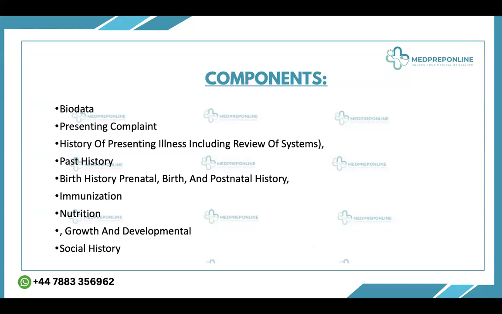And after GIT, which is covered in your history of present illness, you have to cover the rest of the systems, and you can make your own scheme. There is no fixed scheme. Just make a scheme, write it down, and practice it on every history.